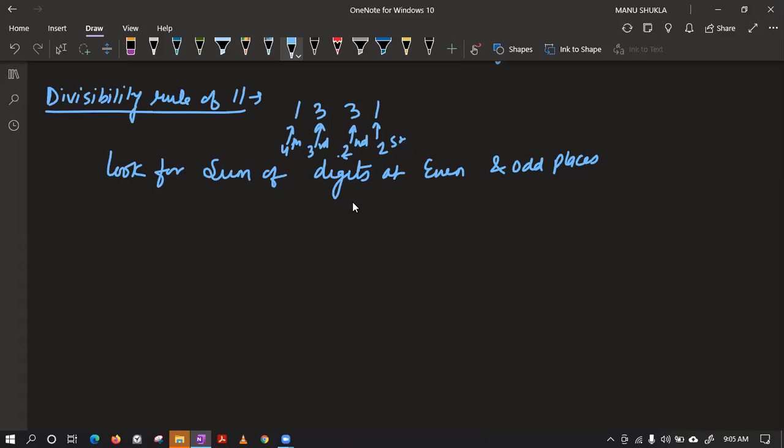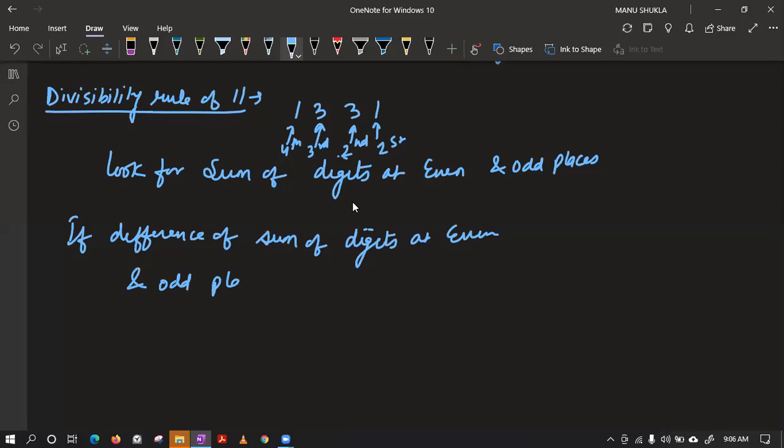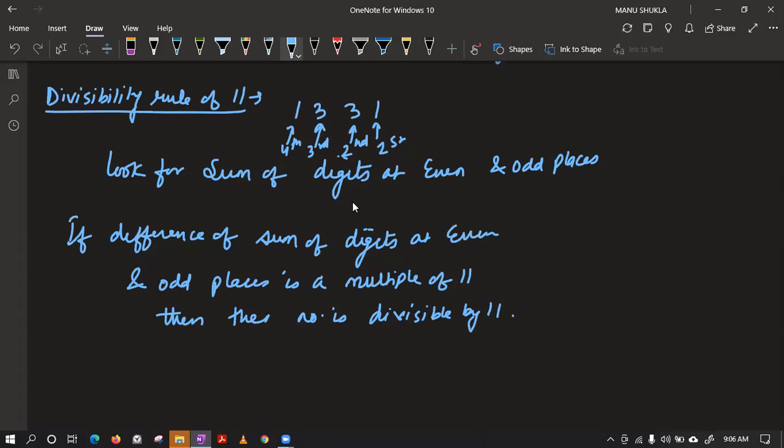So if the difference of sum of digits at even and odd places is a multiple of 11, then the number is divisible by 11. Simple. So what you have to do is, you have to find the sum of these places.